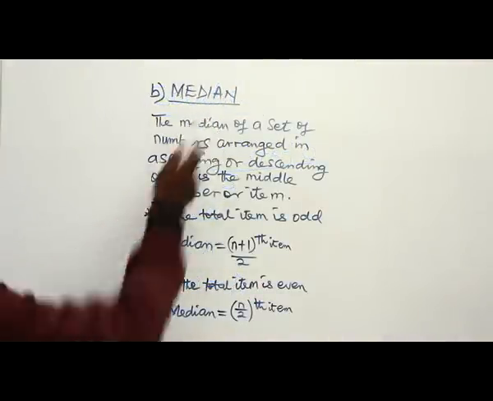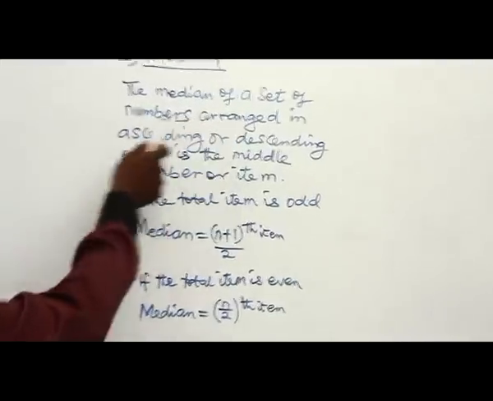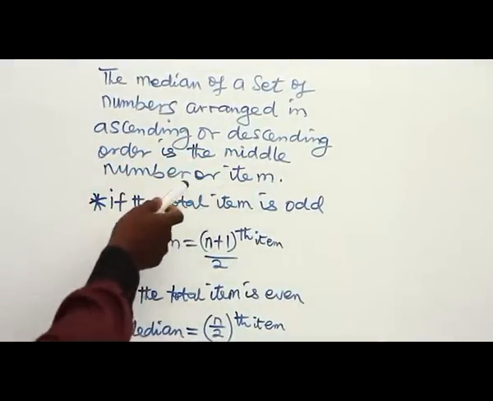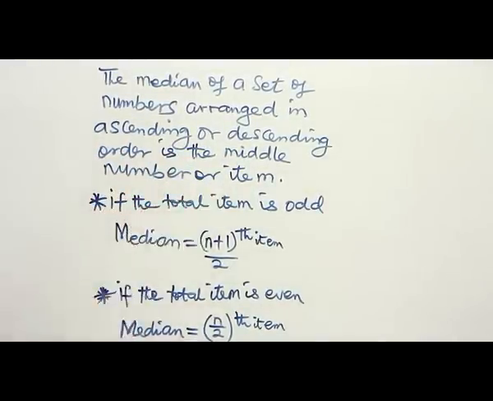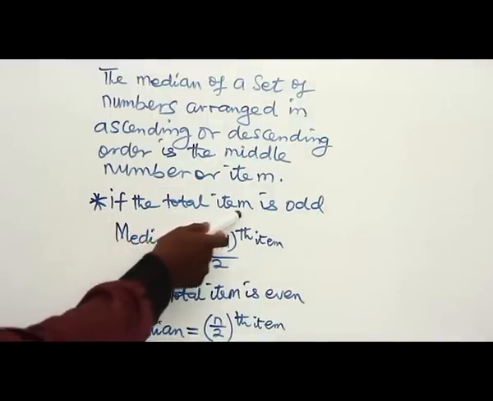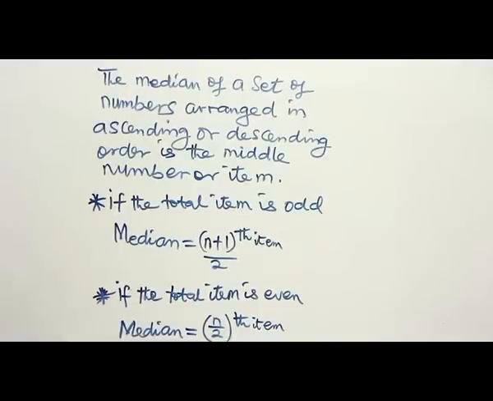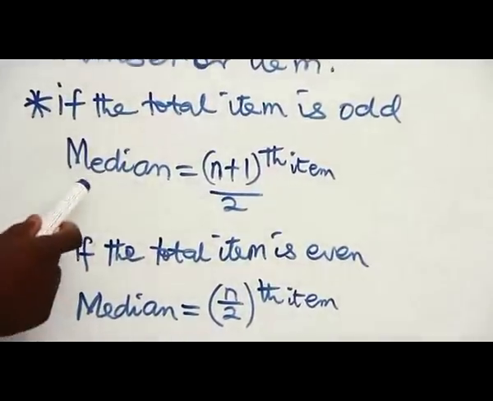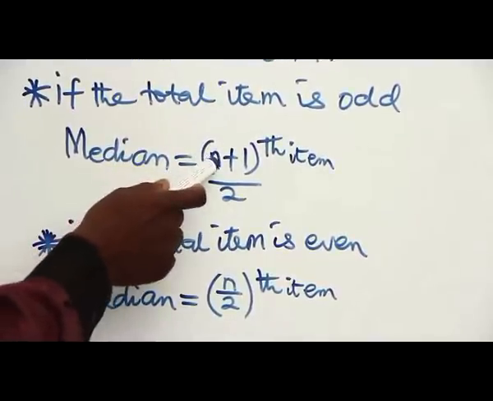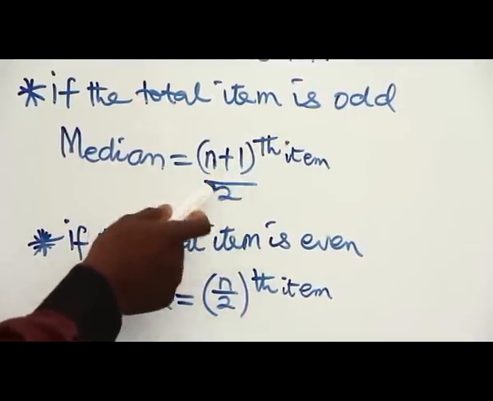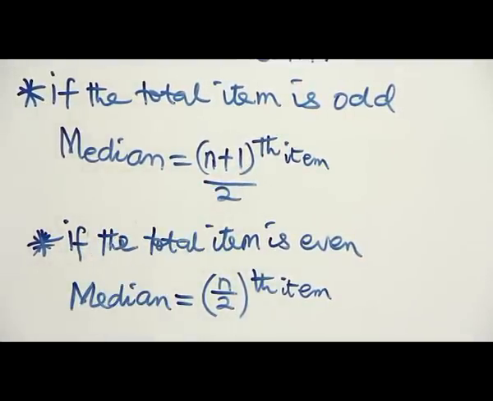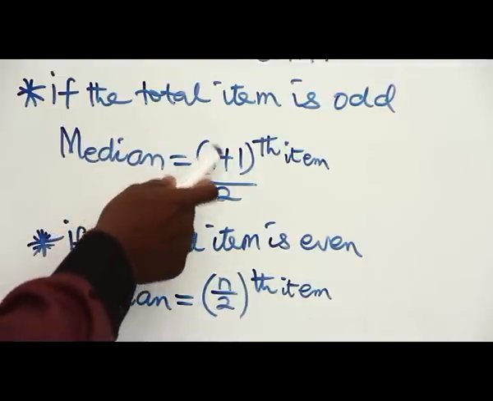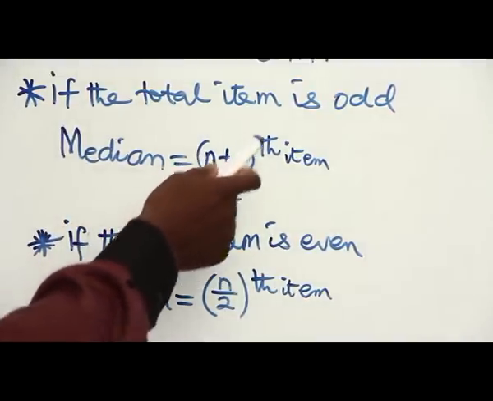B. Median. The median of a set of numbers arranged in ascending or descending order is the middle number or item. If the total number of items is odd, if the figures given, you count them, is odd, then the median equals the (n plus 1) over 2 item. Note properly, the median here is the (n plus 1) over 2 item.